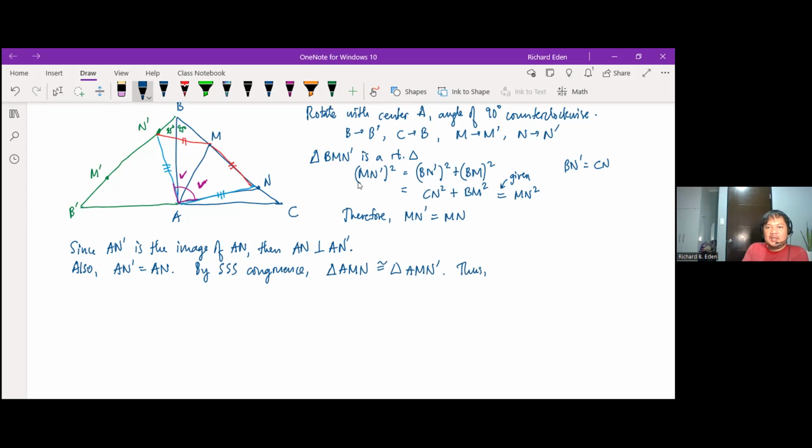Thus, angle NAM equals angle N prime AM. Or in other words, AM bisects angle N prime AN, which is 90 degrees. Finally, because of that bisection by AM, angle MAN equals 45 degrees.